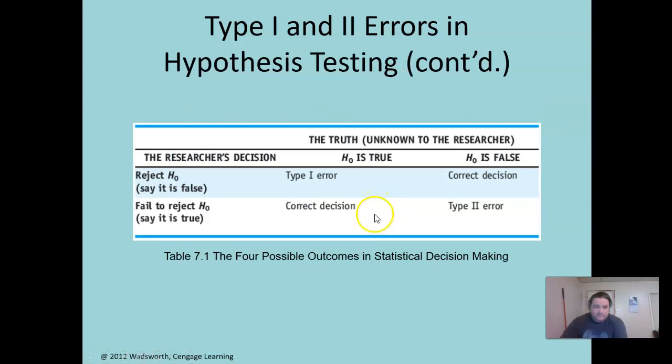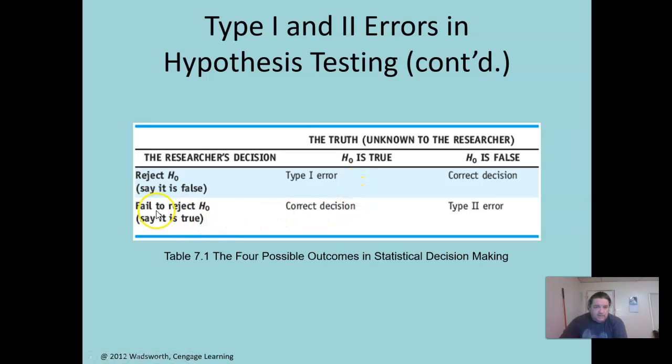So to look at it in this table: the truth is unknown to the researcher. If this is the actual truth and we're trying to find out the truth, when the null hypothesis is true and the researcher's decision is to reject it, we say that it's false, that's a type 1 error. Okay.